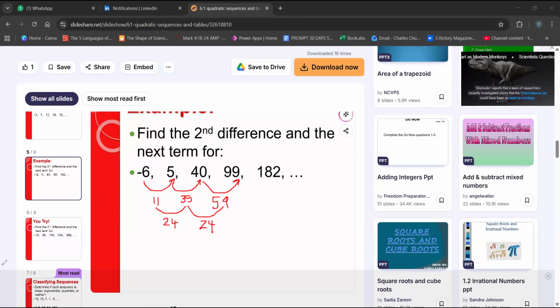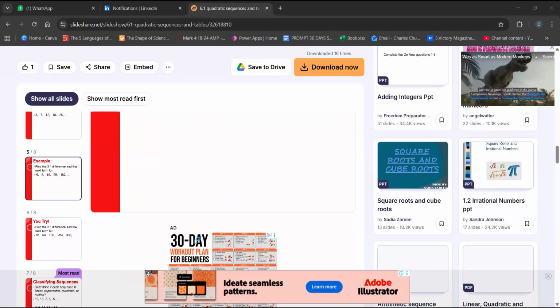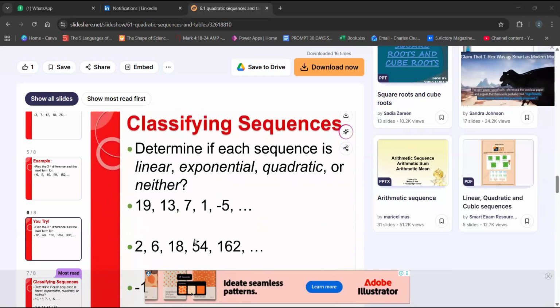Yes. Okay. This one is usually quite straightforward. All we just need to do is find what's happening between them.